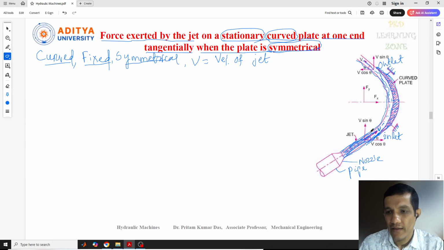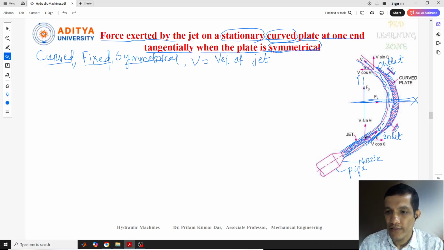That makes an angle with the x-axis. This is our x-axis and this is our y-axis. The force exerted by this jet with respect to the x-axis, and how much with respect to the y-axis, we need to identify.